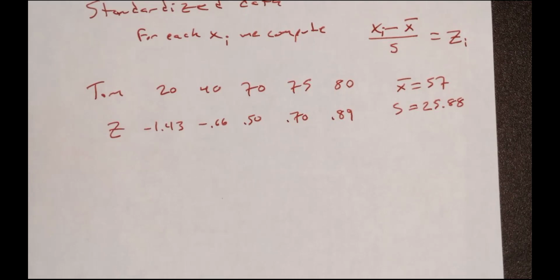Do me a favor. Add up the z-scores. What is the total of all of these z-scores? 0.